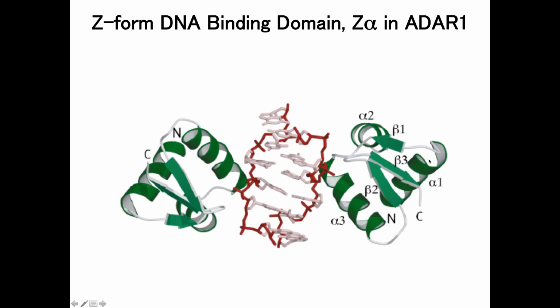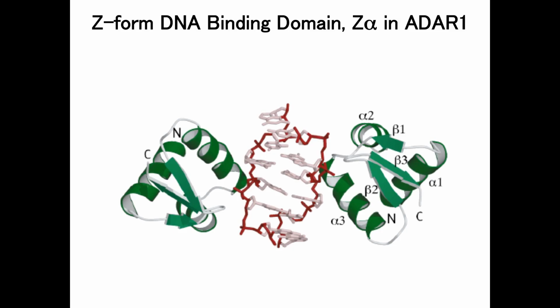The green conformation is the Z-form protein in ADAR1. This is the name of the protein, and this is the name of the domain. The Z-alpha protein binds to CG repeat DNA and induces Z-form DNA.